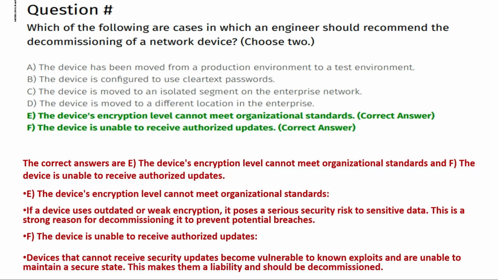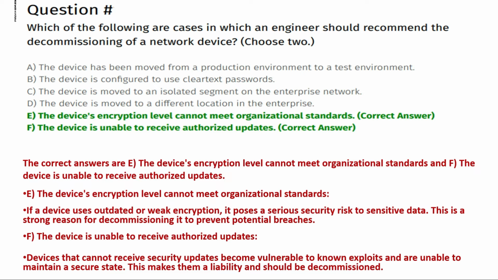The device's encryption level cannot meet organization standards and the device is unable to receive authorized updates. So let's check the explanation. The device's encryption level cannot meet organization standards. That means if a device uses outdated or weak encryption, it poses a serious security risk to sensitive data. This is a strong reason for decommissioning it to prevent potential breaches.